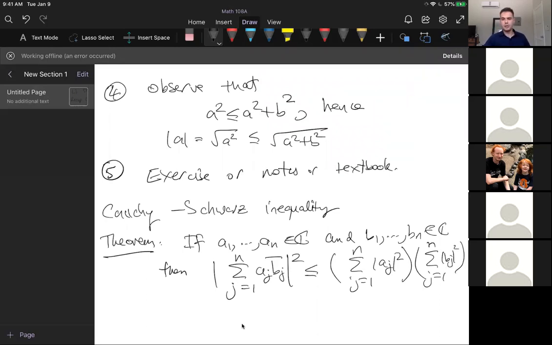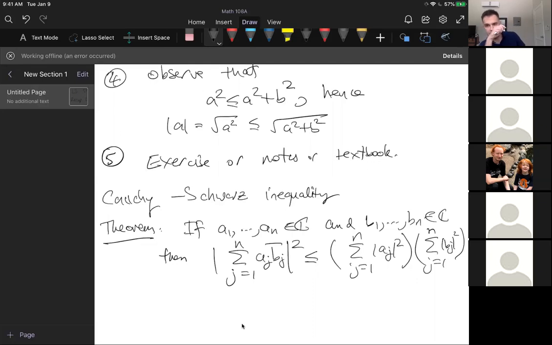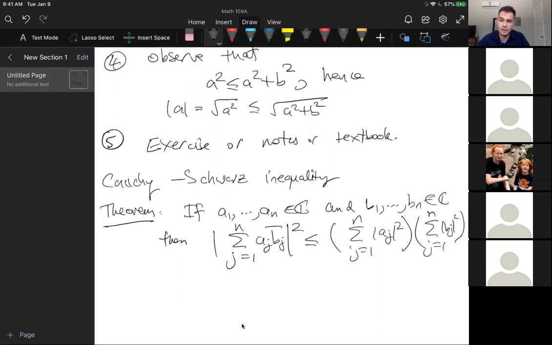One of the main uses is that if you have a sum of products from a finite sequence that you're trying to bound in absolute value, you can break it up. It is not equal in general, but you can bound it by a sum of squares multiplied by another sum of squares. A lot of the time this inequality is very helpful.